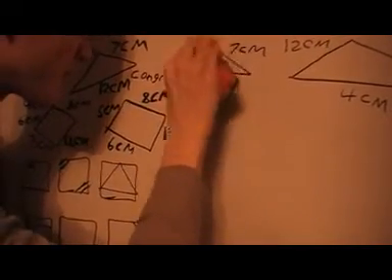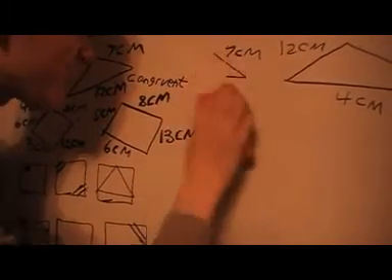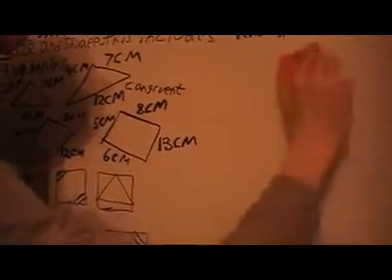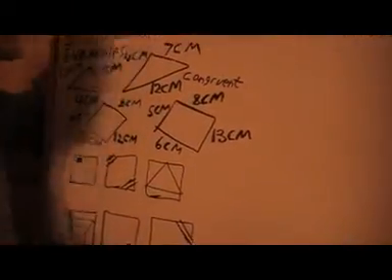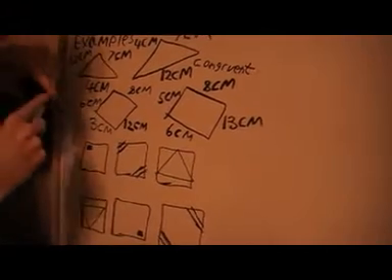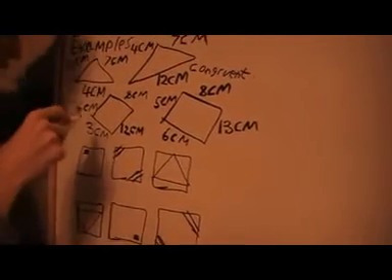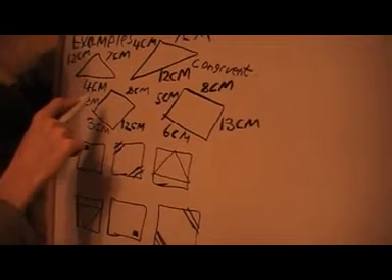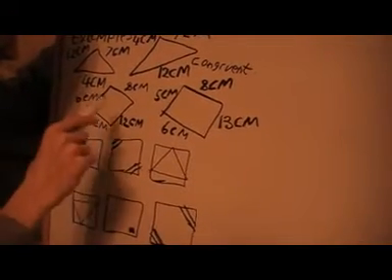Let's clear these ones out, so I've got some more room, and we'll look at the next example now. You've got two quadrilaterals, they're not squares because the lengths of the sides aren't the same.